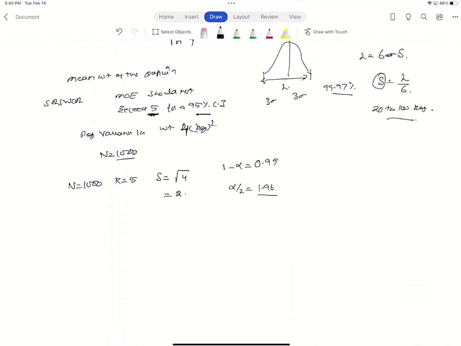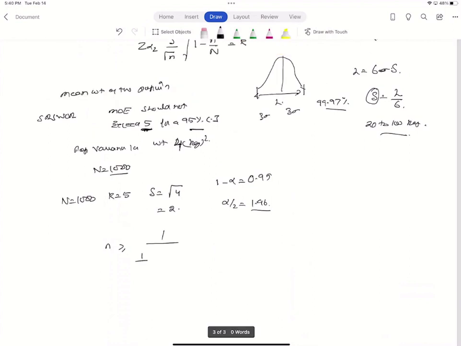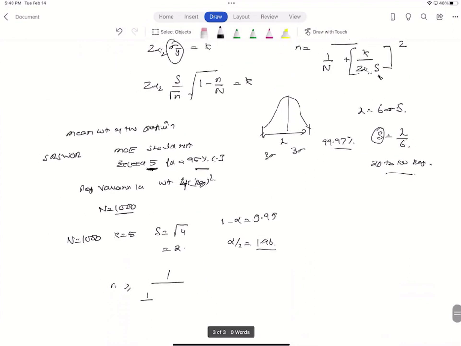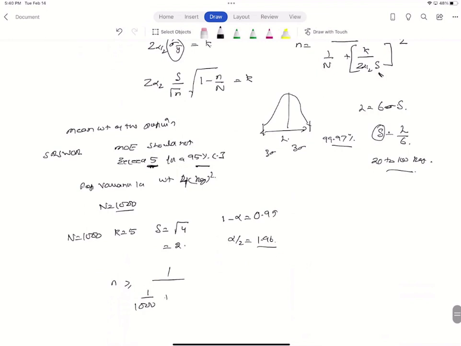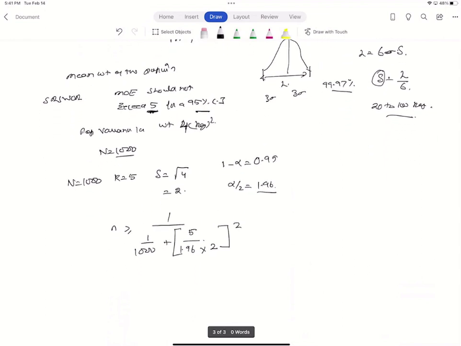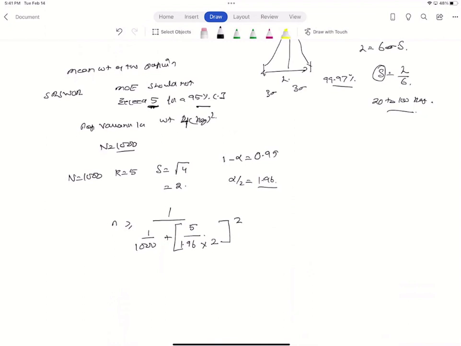So the n has to be more than or equal to 1 upon, so we're gonna use this formula, 1 upon N, that is 1000, plus k, which is 5, upon 1.96 from here, multiplied with s, which is 2, and then this whole thing will be squared. So we will get some number which will be close to, say, 58.8.